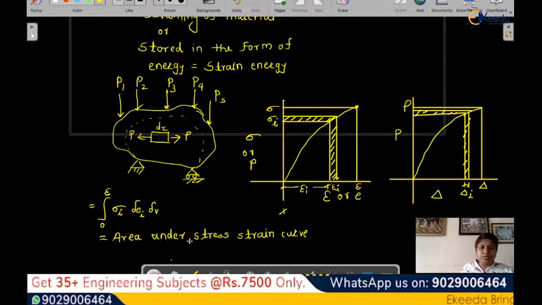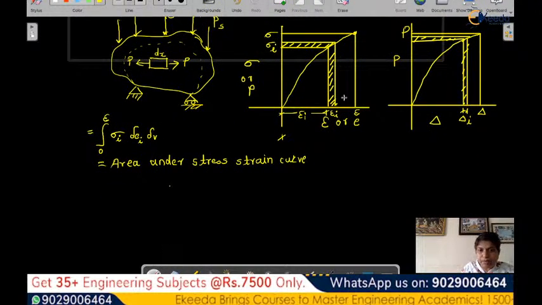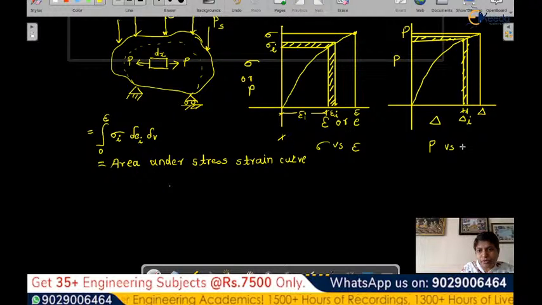Now this is the stress versus strain curve, and this is the load versus deflection curve. I just wanted you to see the comparison. The plot will be similar. How?